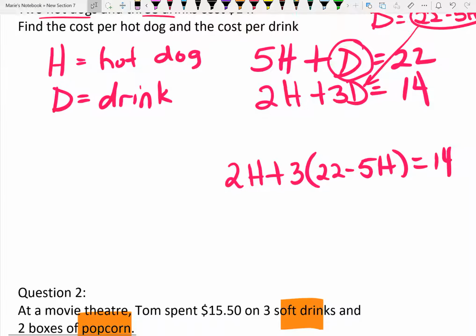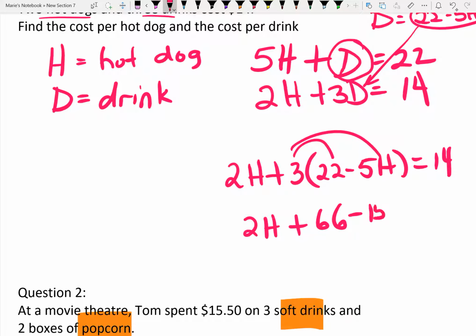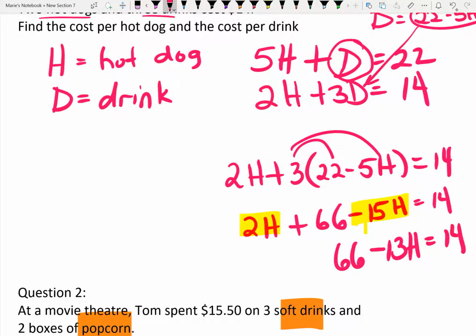So if I distribute the 3, I'm going to get 2H plus 66 minus 15H is equal to 14. And if I combine the H's, so I'm going to combine this H and this H, keep in mind that's a negative, you're going to get 66 minus 13H is equal to 14.